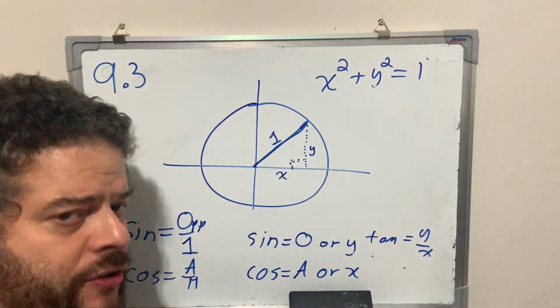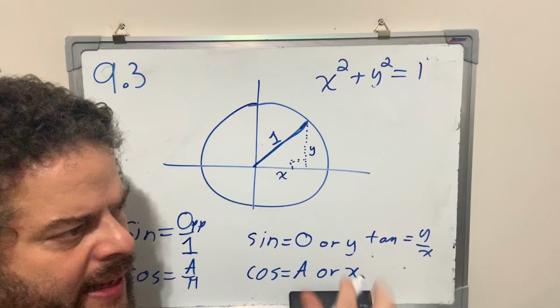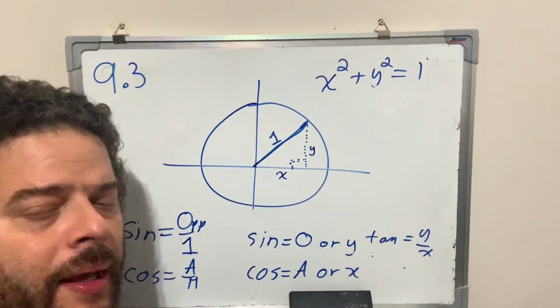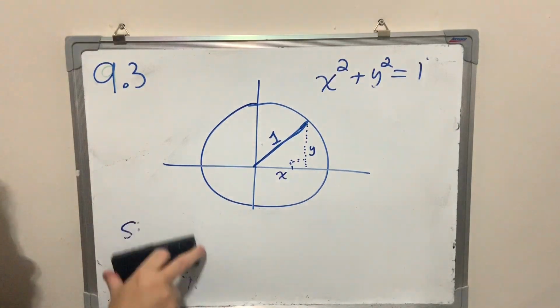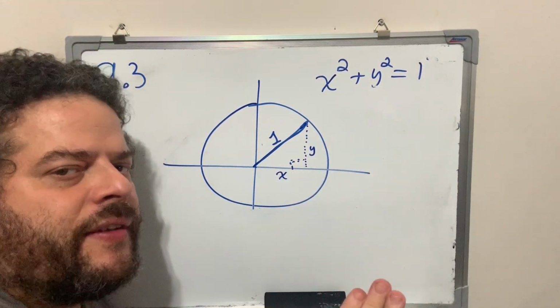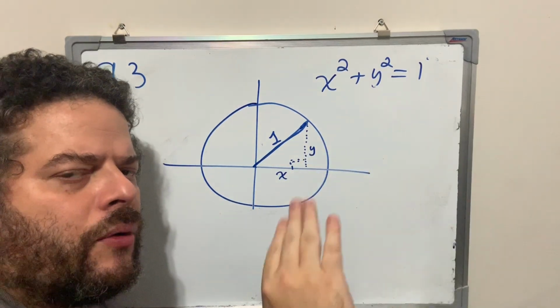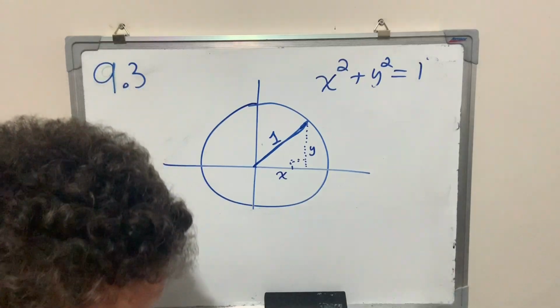The inverses do change, because the inverse would pretty much be 1 over the value. You just flip it, and you would be done. So that's pretty much the theoretical part you need to know about the unit circle so far. Sine equals y, cosine equals x, tangent equals y over x.